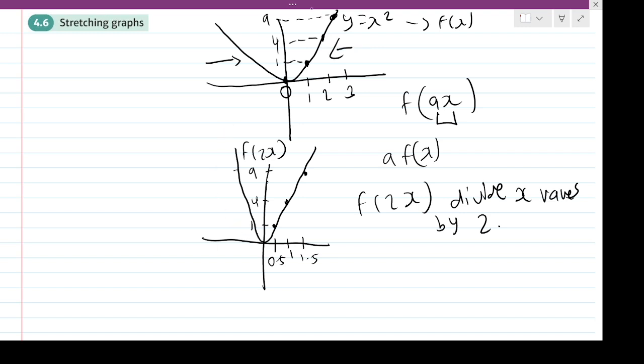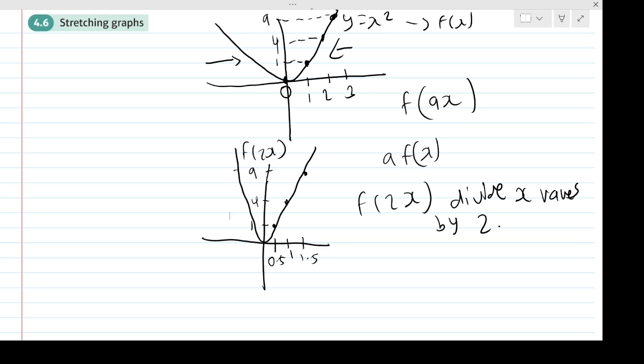So if you compress it by a factor of 2, this is the curve that you get. And actually, what we call this is a stretch. This effect that if we divide or multiply coordinates and transform it that way, that gives a stretch of the graph.